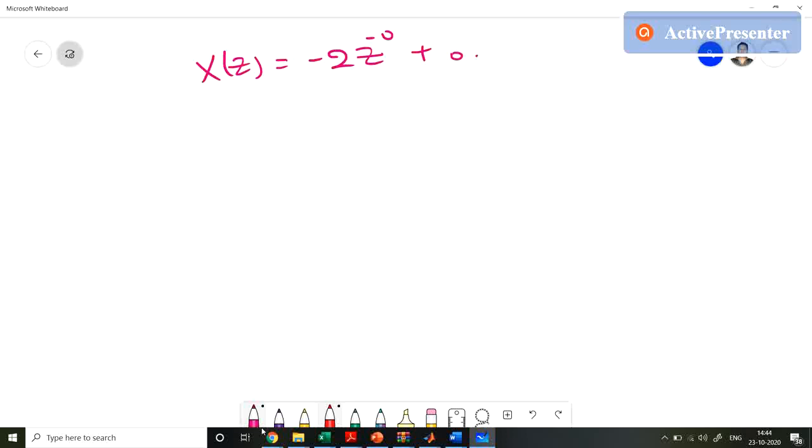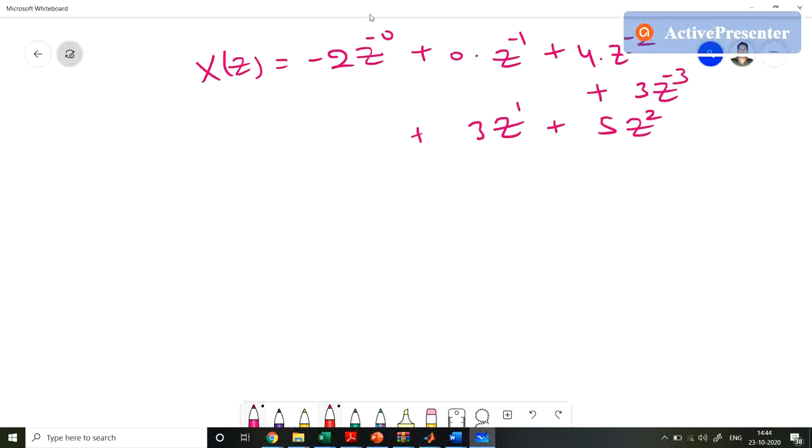So it is 2z raised to the power minus 0 plus 0 into z raised to the power minus 1 plus 4 into z raised to the power minus 2 plus 3 into z raised to the power minus 3 plus 3 into z raised to the power 1 plus 5 into z raised to the power 2. So this is our z transform of xn.